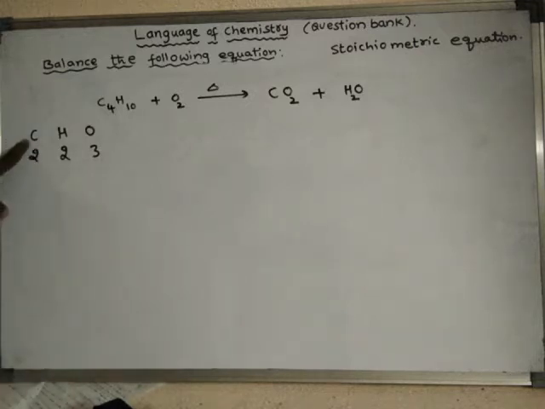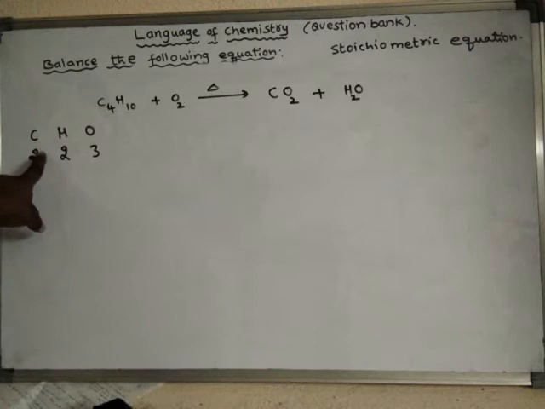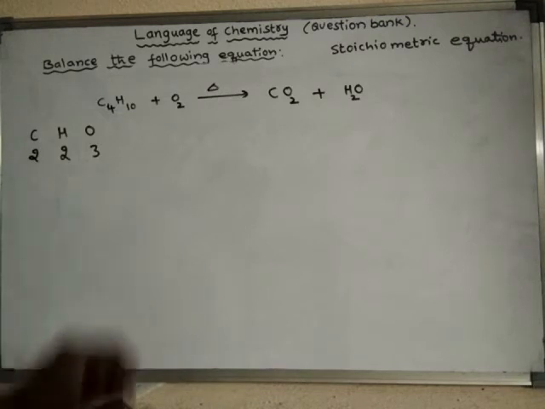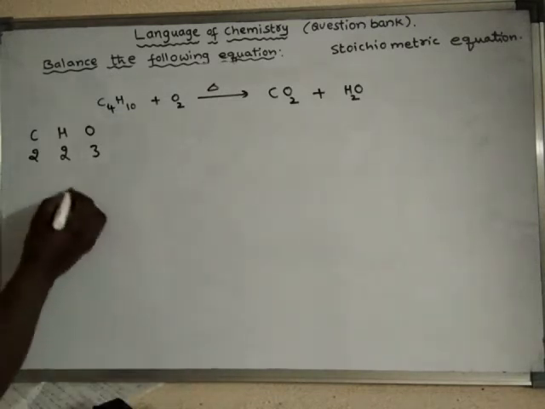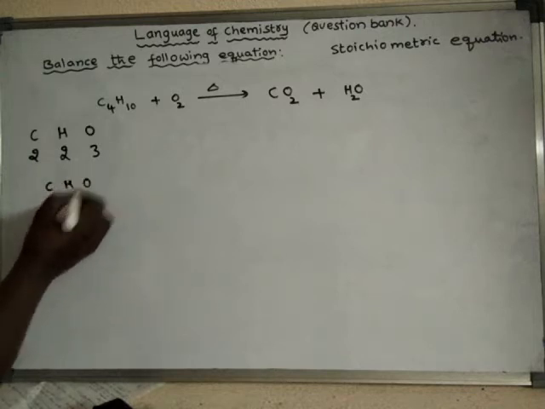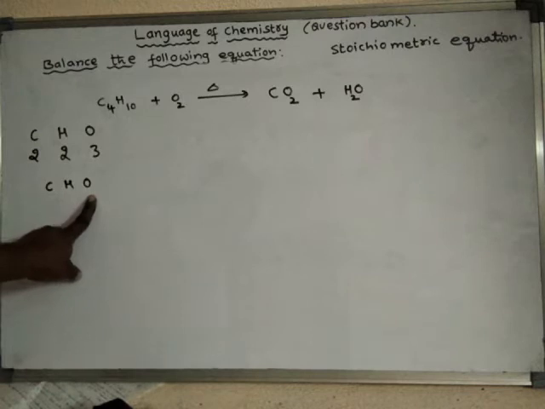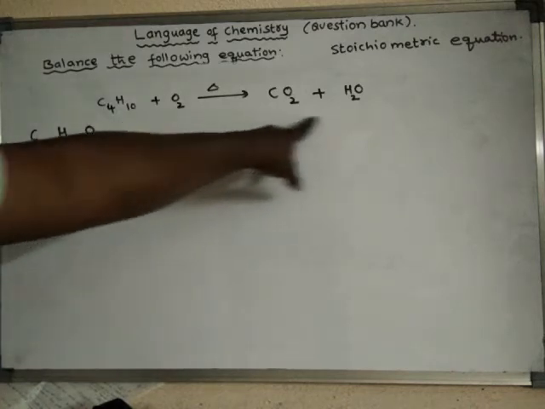Carbon's atomic number is 6, whereas hydrogen's atomic number is only 1. So carbon should be written first, then hydrogen, and after that oxygen. Now the elements are arranged according to increasing order of frequency number, and this order is used for balancing the equation.